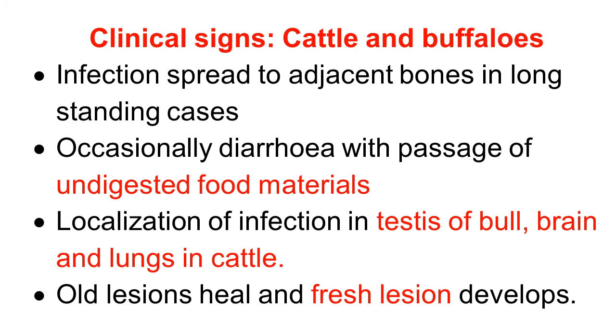Sometimes the localization of infection is found in the testes of the bull and the brain and lungs in cattle. And this spread is due to the hematogenous route. Sometimes the old lesion heals and in the surrounding area a fresh lesion develops, and the story repeats. Friends, I have narrated the characteristic symptoms so you cannot miss the diagnosis of actinomycosis.